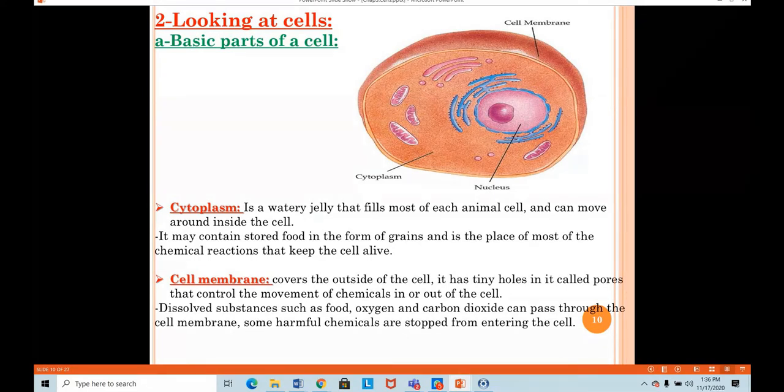Then the oxygen reaches the glucose, which, if it is a plant cell, then this oxygen combines with the glucose. There is no place where this oxygen is present or stored. As soon as the oxygen combines with the glucose, it is a reaction which takes place in all the cells.